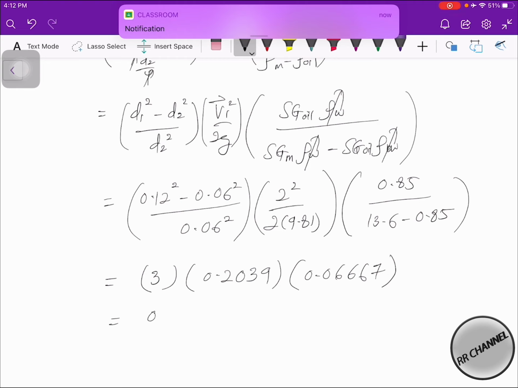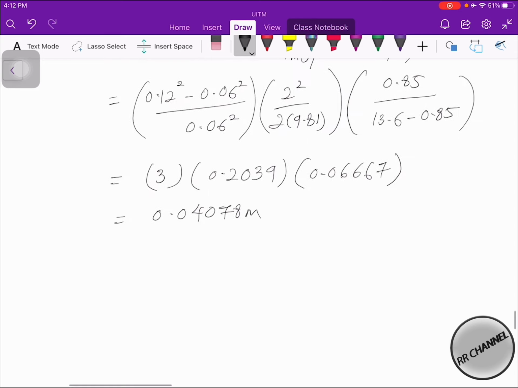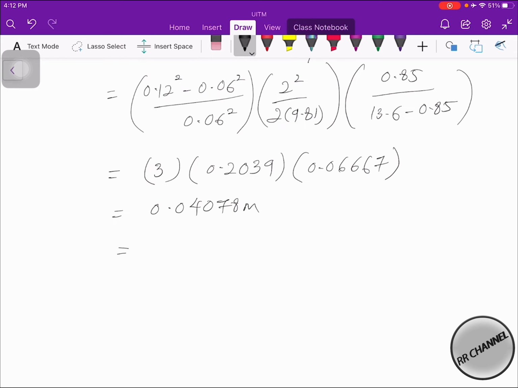Okay, you get here 0.04078 meter, or when you convert into millimeter, you get around 40.78 millimeter. So this is question number 1, or A, as for the h.